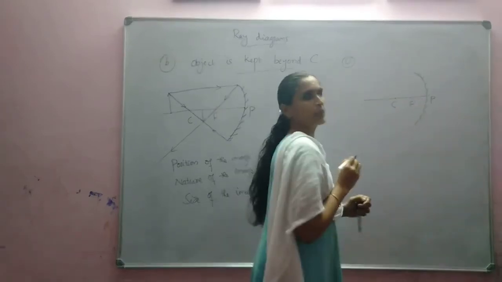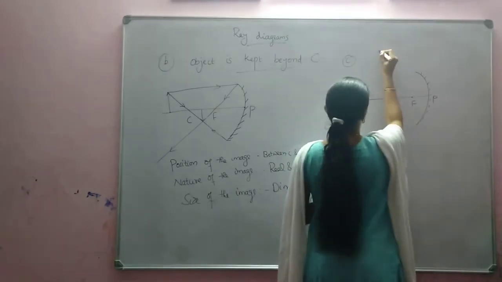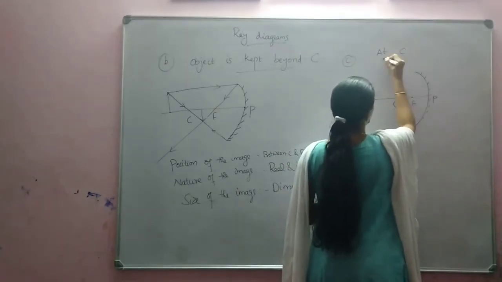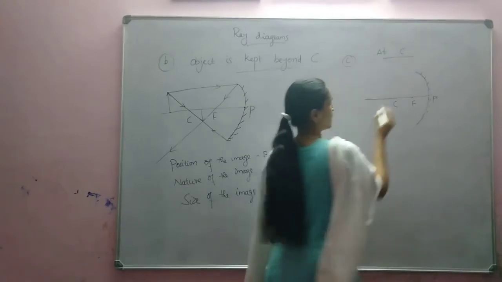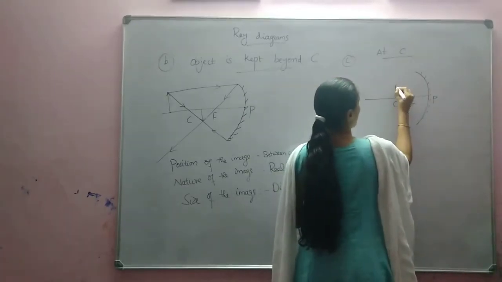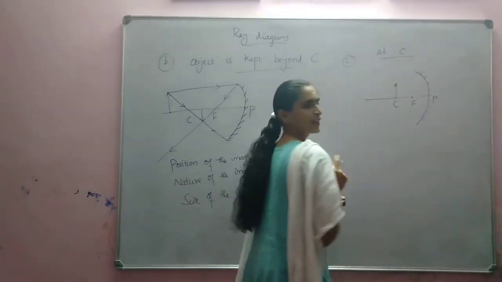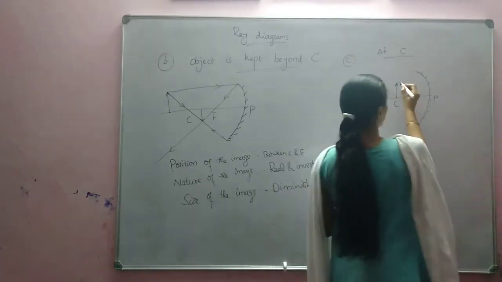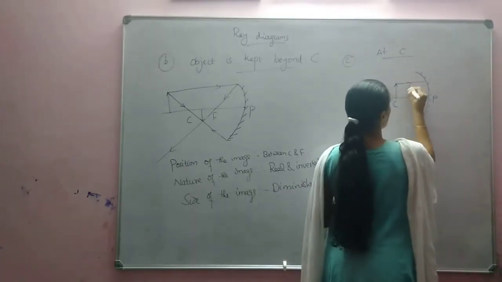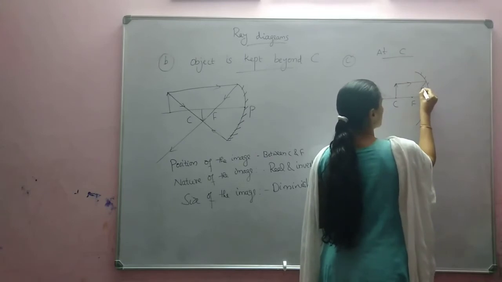So here we are keeping an object at C. Third case we are considering, object is at C. Two rays needed. A ray parallel to the principal axis, after reflection, passes through the focus.